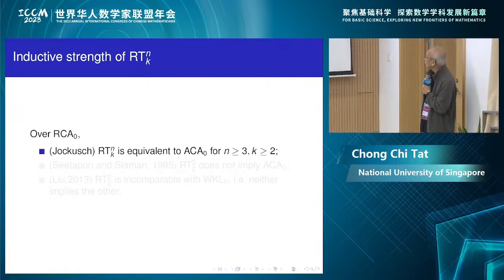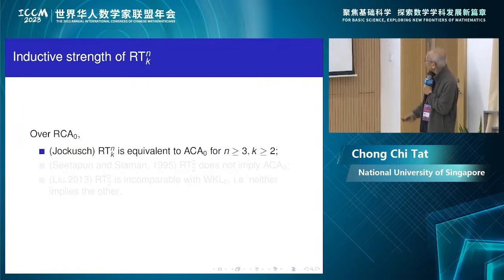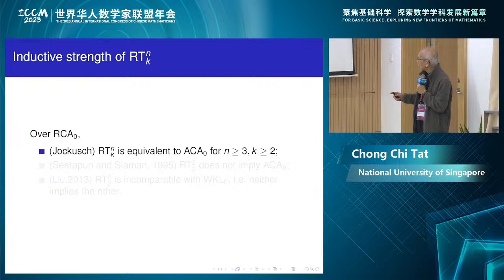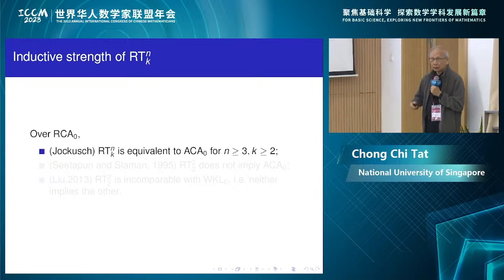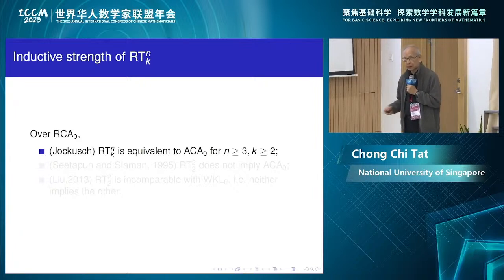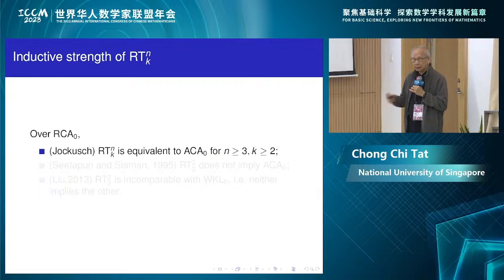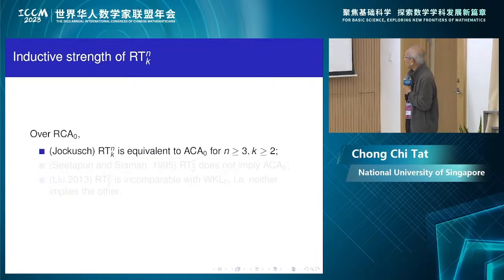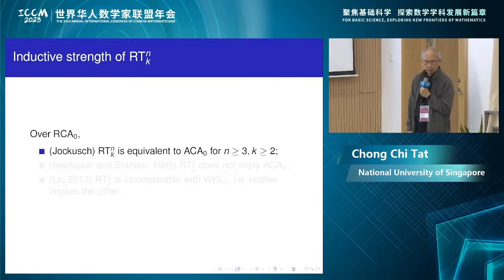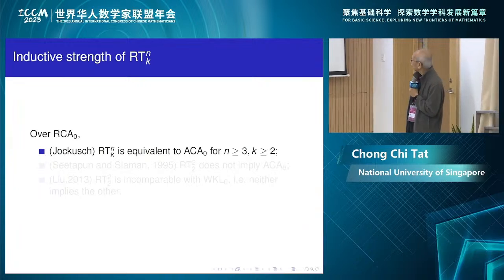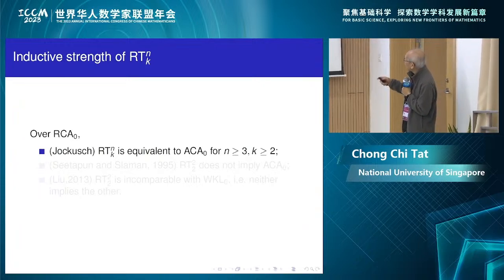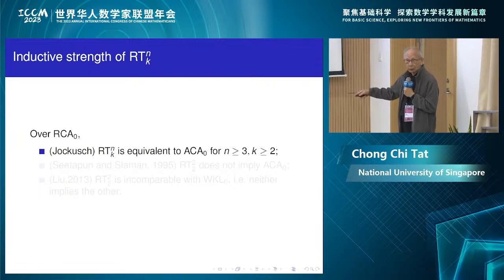And he showed that if you consider n to be bigger than or equal to 3 and k to be at least two colors, so then if you look at the subsets of natural numbers of size n at least 3, and color them in any of the k colors, k is bigger than 1, then it will have a solution according to Ramsey's theorem.